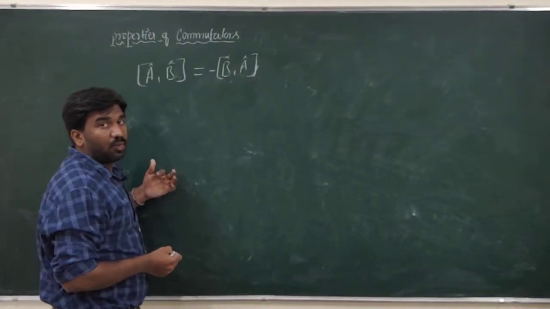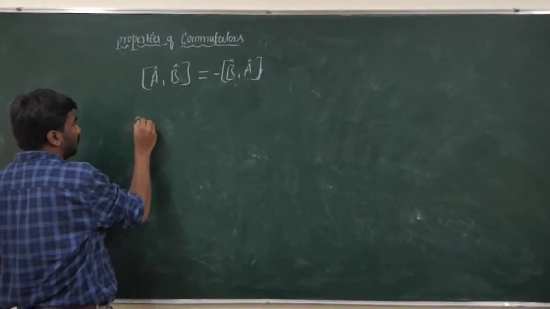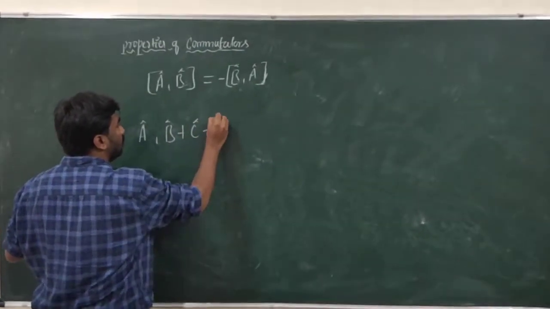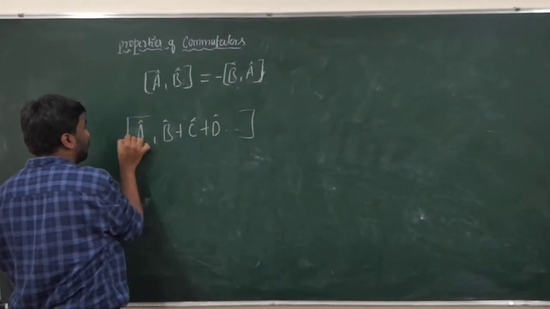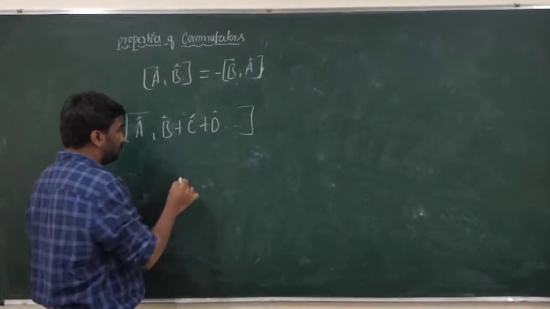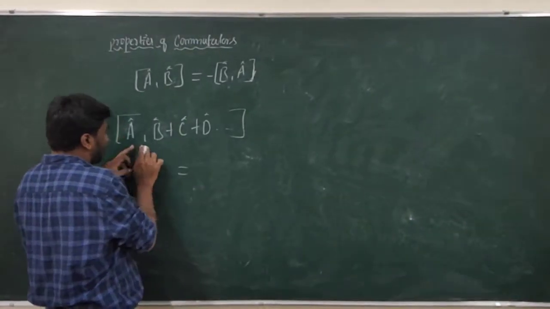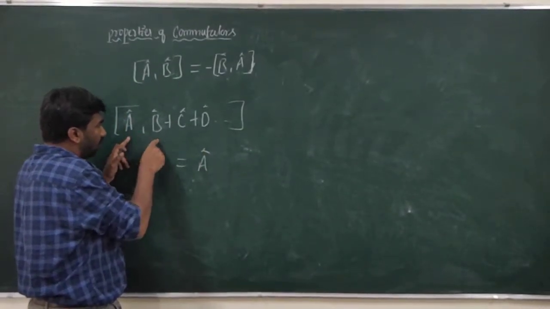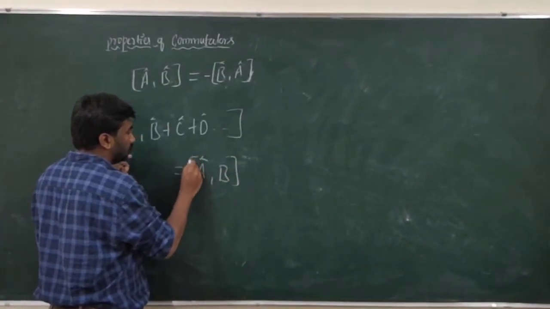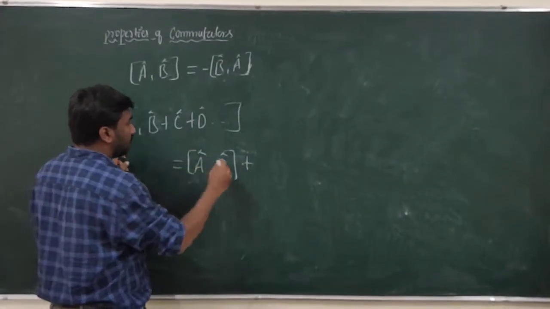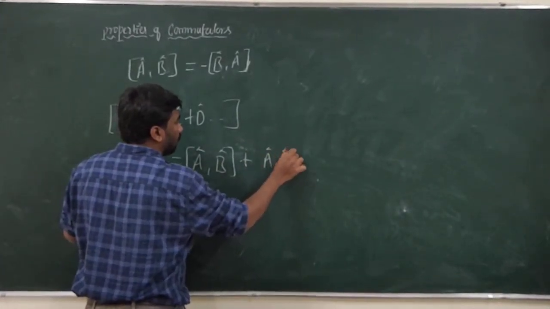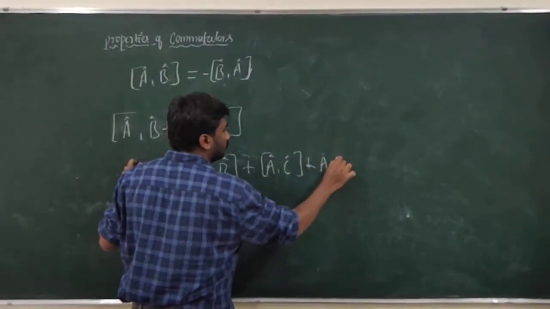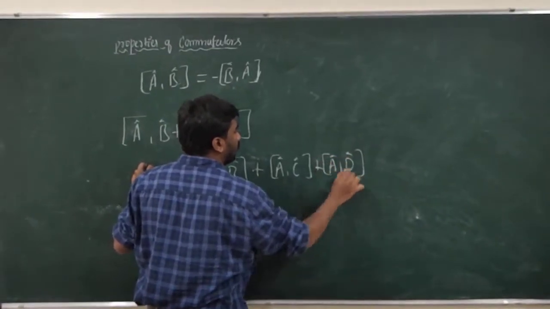It also obeys linear property, that is, [A, B + C + D and so on] - see, order is very important, so first we write from the left side - so [A, B] plus [A, C] plus [A, D] and so on.